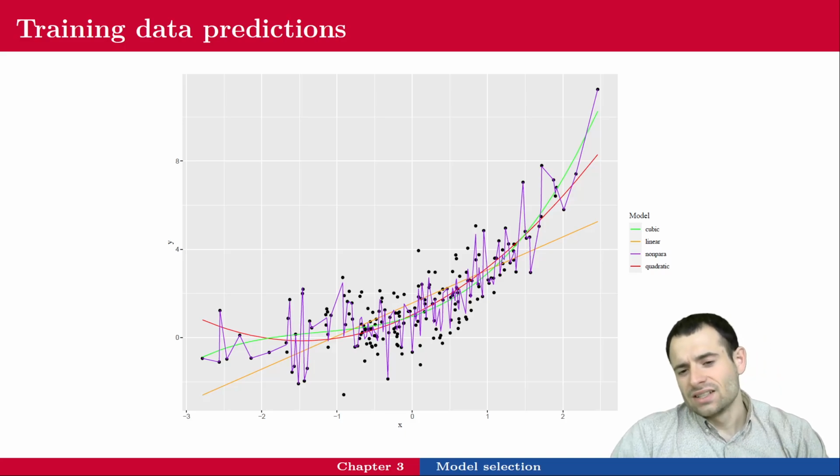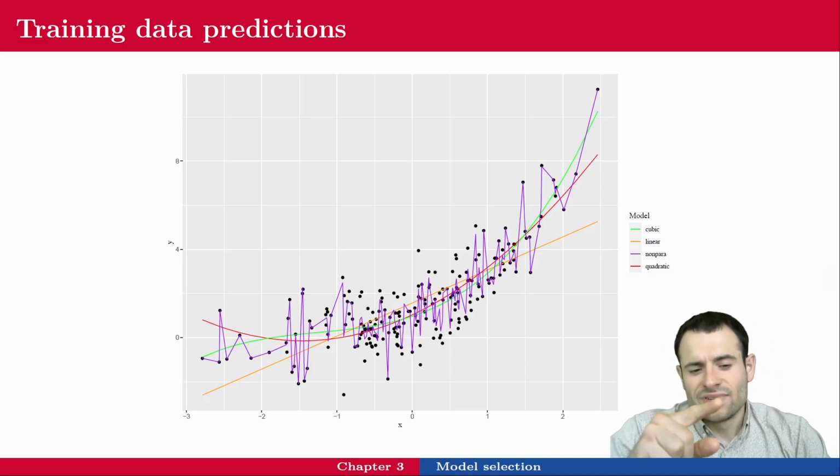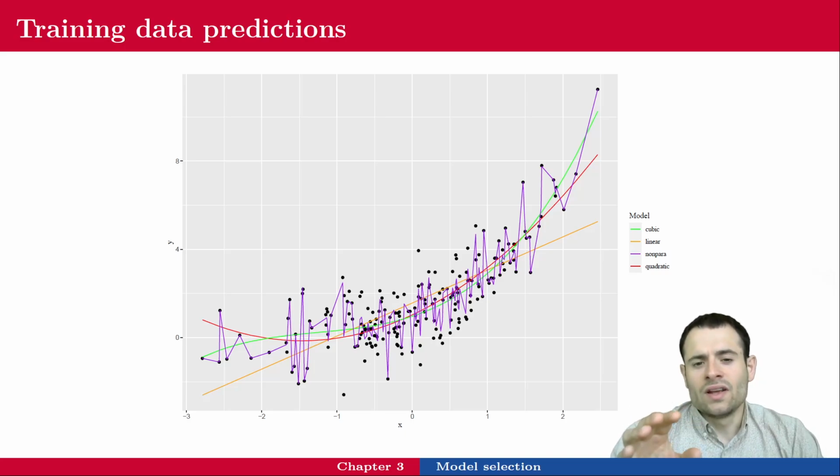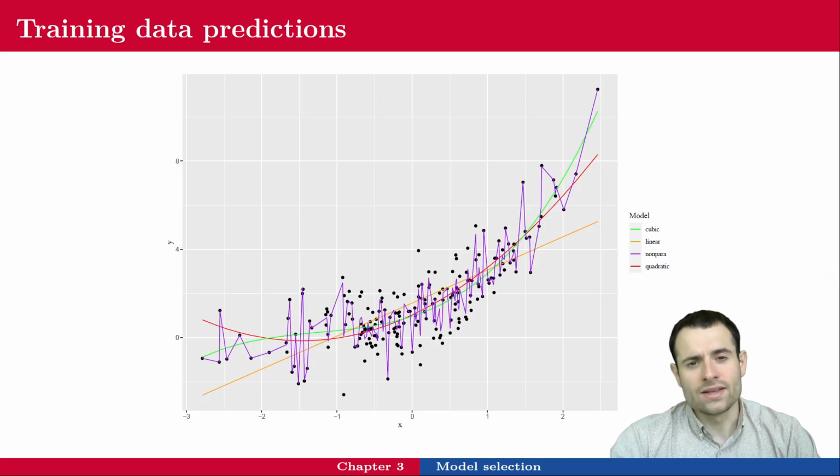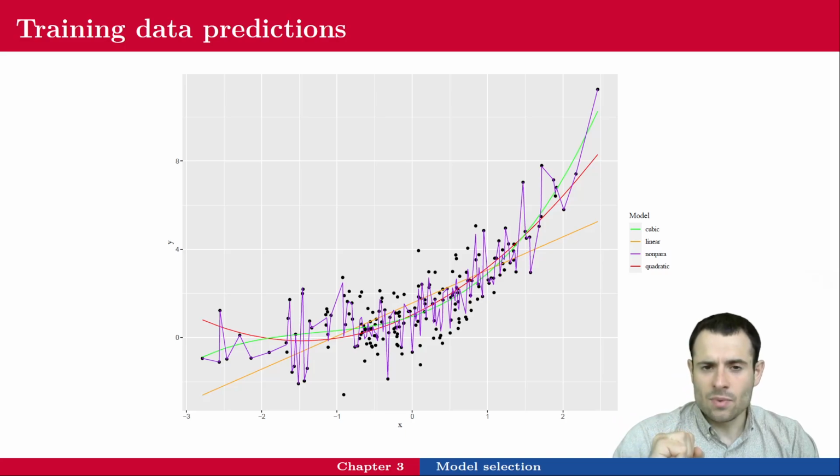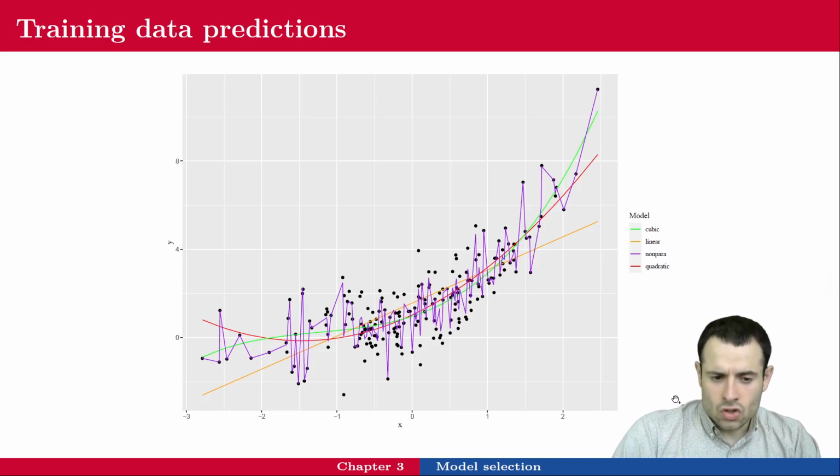But as I said, we don't really care about linking the dots of the data we already observe. We would like those curves to do well on data that I do not observe. I only observe the x's and I need to guess the y's. Well, let's take this model with the same slope coefficients.